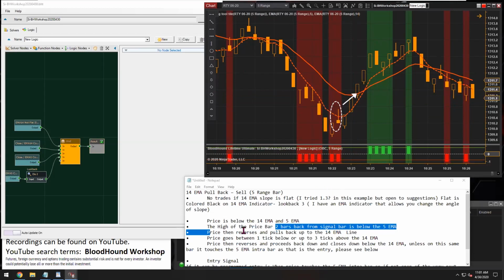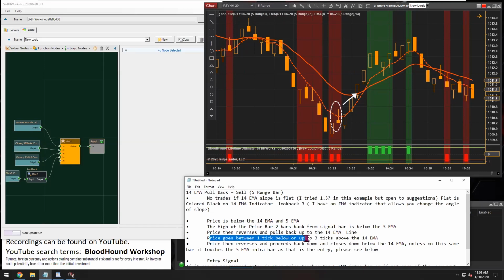So let's see what we have next here. All right, here are some conditions we can look for. Basically, we have a maximum of 3 ticks above our EMA14. So price is allowed to go up to 3 ticks above our EMA14.